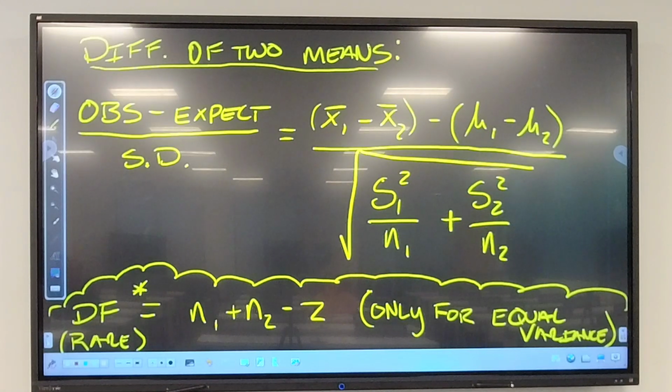For your entertainment, I will show you what the degrees of freedom is for unequal variance, which is the one that we have to use in every problem for today.